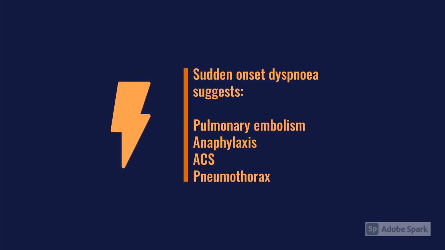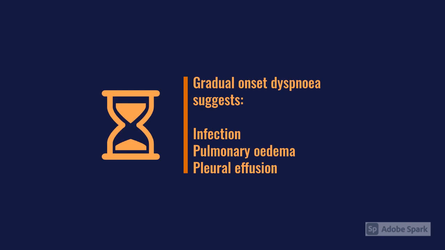Thinking about onset and duration, if there is a sudden onset of shortness of breath, you start thinking about things like pulmonary embolism, anaphylaxis, with a bit of chest pain, myocardial infarction, pneumothorax. If it's more gradual, then we can start thinking about our infective signs and symptoms, so your lower respiratory tract infections.